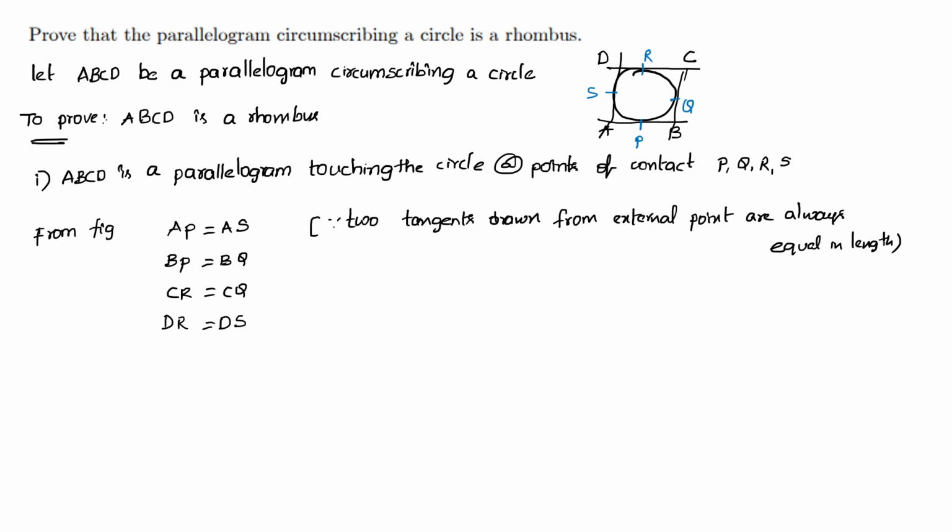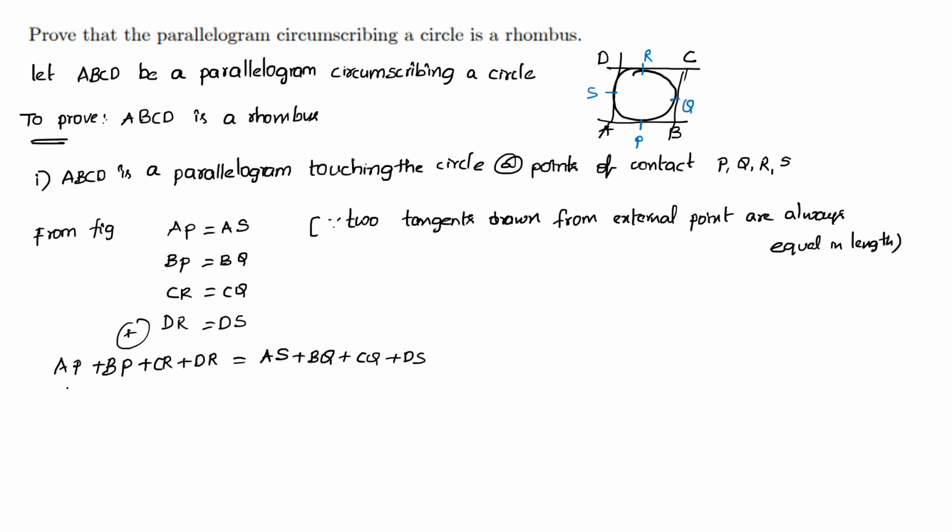So therefore AP is equal to AS, BP is equal to BQ, CR is equal to CQ, and DR is equal to DS. Now adding on both sides, that will become AP plus BP plus CR plus DR is equal to AS plus BQ plus CQ plus DS.